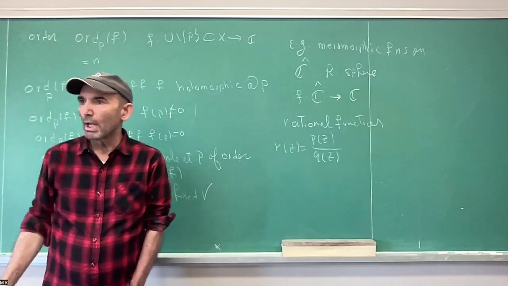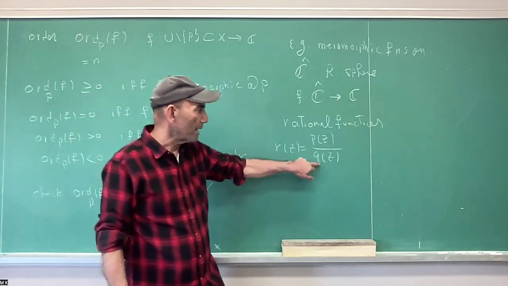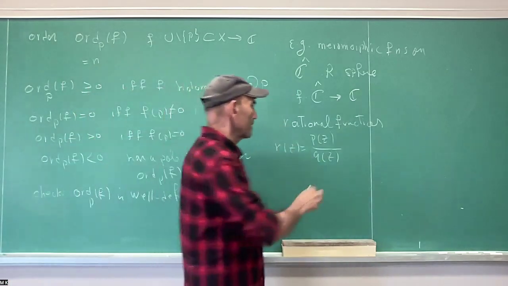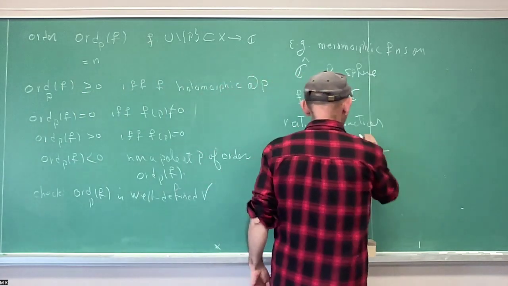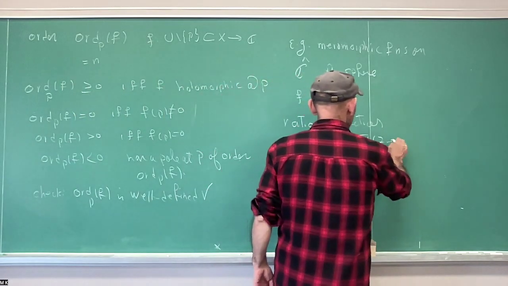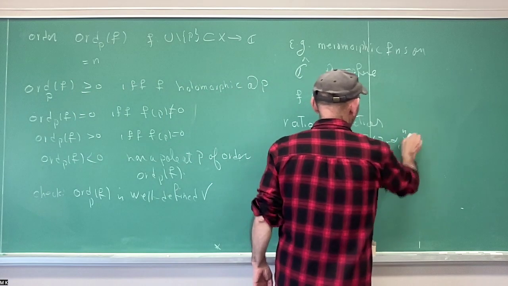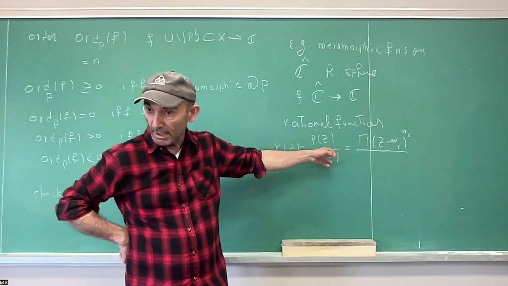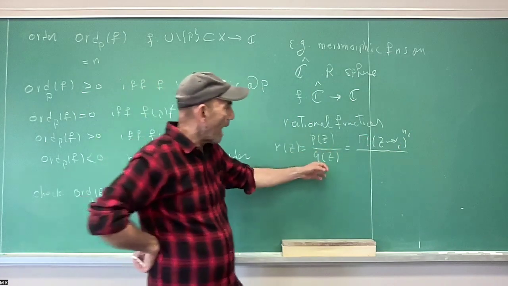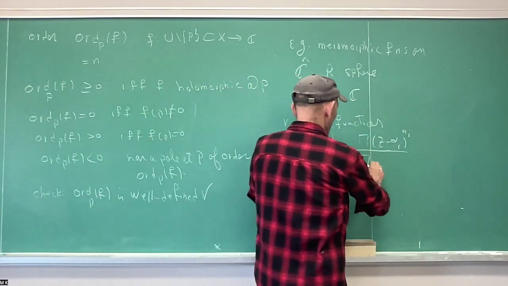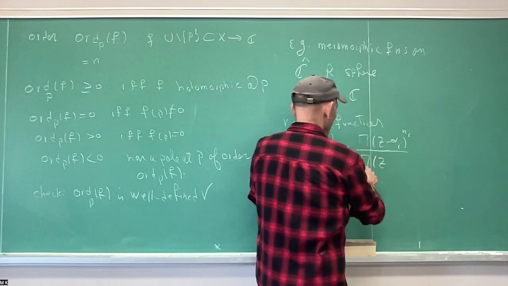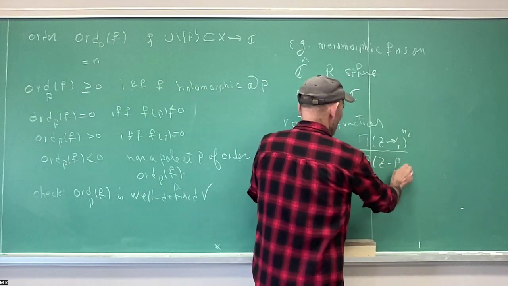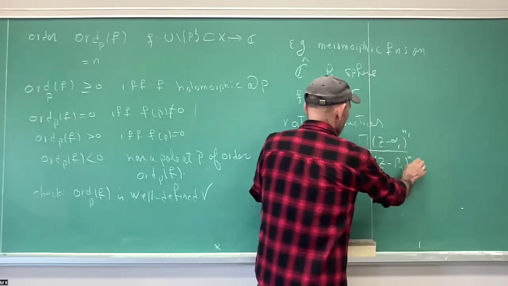If you look at the zeros, you can write it in the following form: the product of (Z minus alpha_i) to the n_i. These alpha_i are distinct roots of P(Z). And for the denominator, the product of (Z minus beta_j) to the m_j.